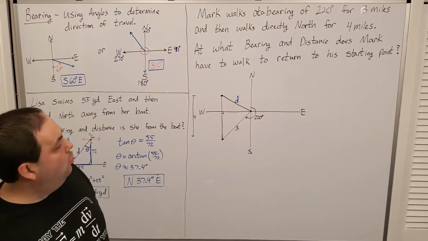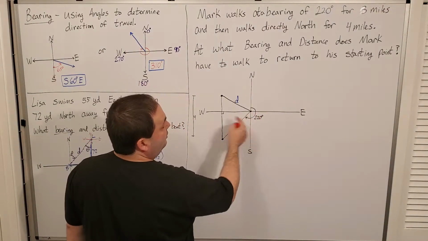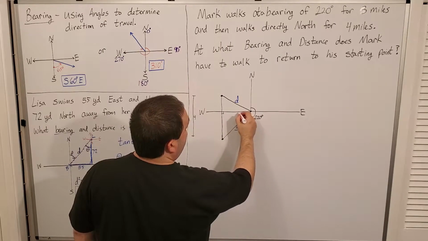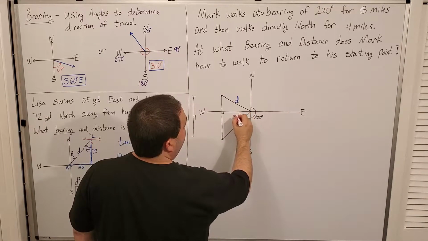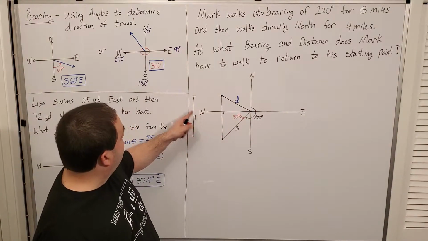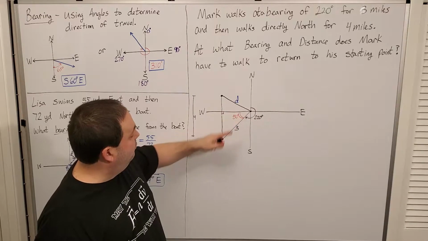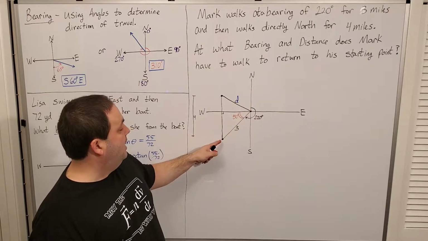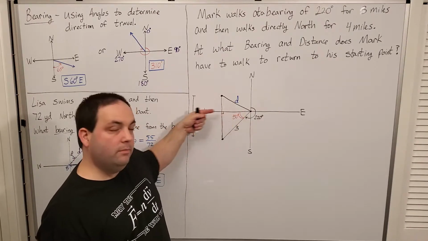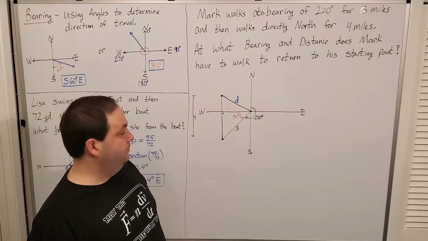We do know that since this is a 220 degree directional, then this angle in here must be 50 degrees. Because the whole thing to west is 270. So therefore I've got a 50 degree angle between the line that he walked and the actual west line from, if you were to go due west from the original starting point.